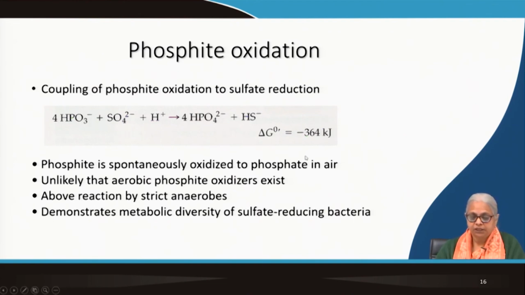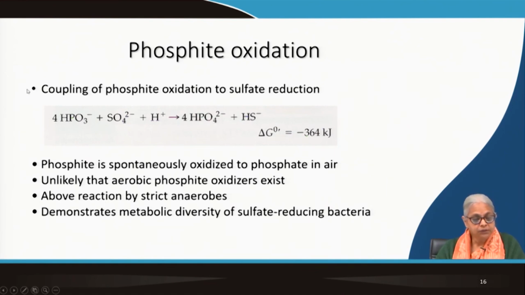Phosphite under aerobic conditions is spontaneously oxidized to phosphate, and because this spontaneous oxidation is a chemical reaction, it's unlikely that any aerobic phosphite oxidizers exist.